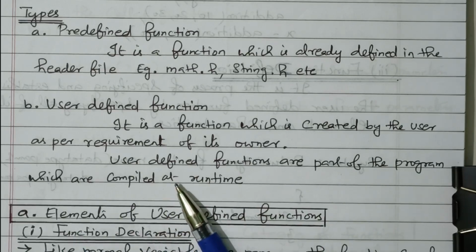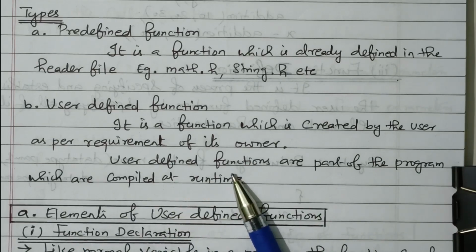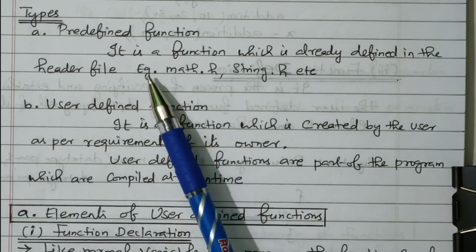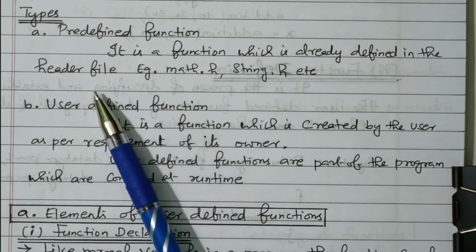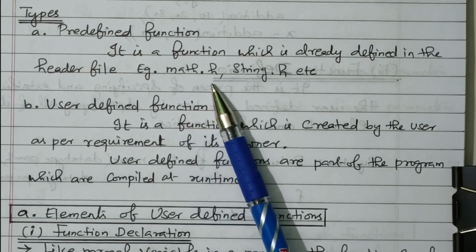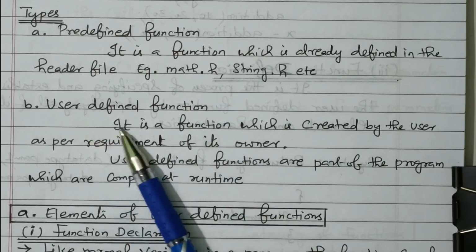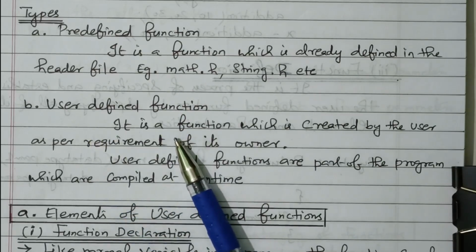So the main program has a part which is the function, right? Predefined functions are already available in the compiler as a header file; whichever we need we can include in the main program. Second type, user defined, we can create our own function according to our requirement.